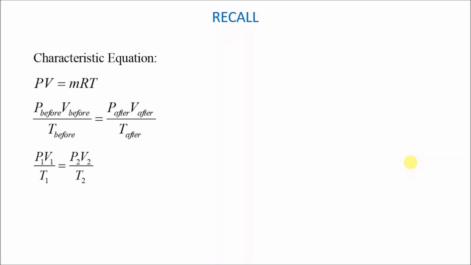The other thing I need to remind you of is the polytropic equations. Now, when a process is polytropic, it obeys the law P multiplied by V raised to the power of N is equal to C. Here I need to draw your attention to something.